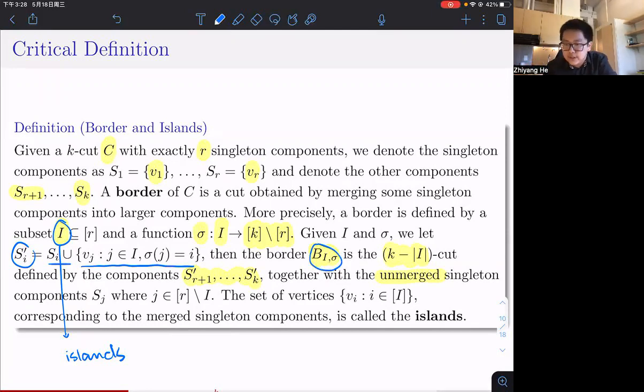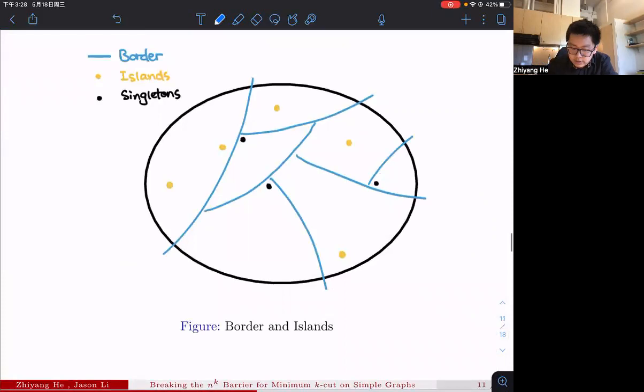So let me try to make sense of this definition with a diagram. Here's a diagram of a K-cut. There's a total of 7 large components and 8 singletons. The singletons are both the yellow dots and the black dots. One particular border that we can define is we identify these yellow dots as the island, and then we merge them into the large components that are drawn to include them.